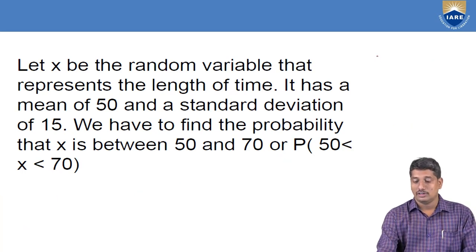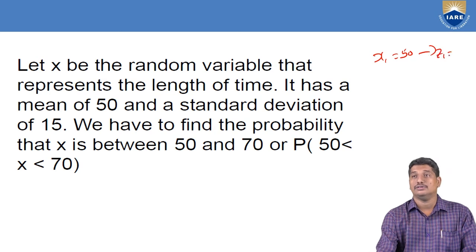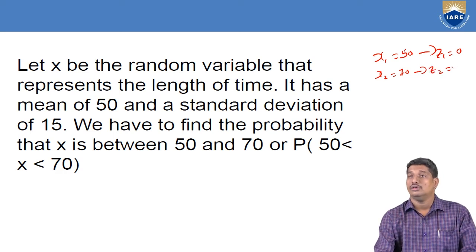Okay, so when x1 is 50, it is transformed to z1 equal to 0, and x2 equal to 70 is transformed to z2 equal to 1.33. Now our wish is to calculate the probability of x lying between 50 and 70.